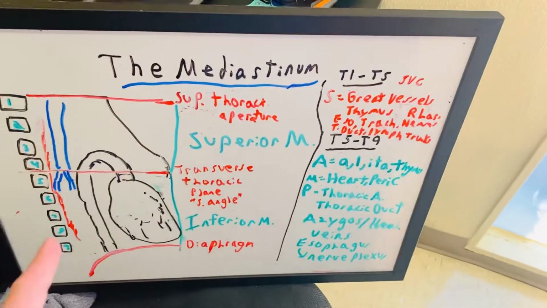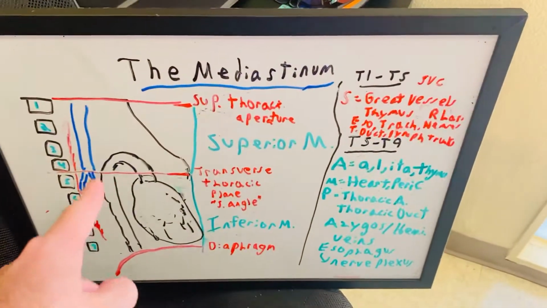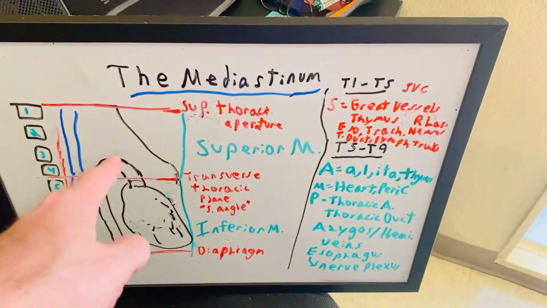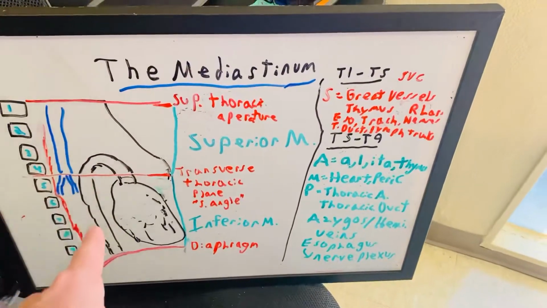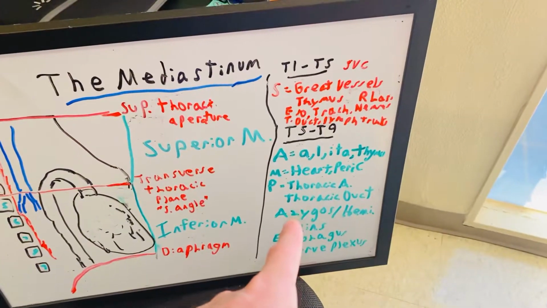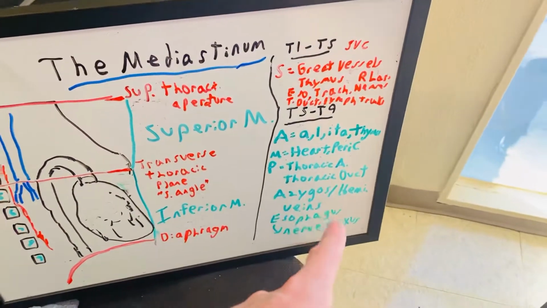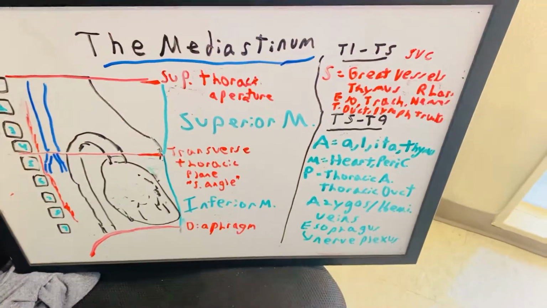Then our posterior mediastinum is going to have our thoracic aorta. We can see this thoracic aorta, and that's also in the superior, well, aortic arch really, but descending thoracic aorta. In the posterior mediastinum, we have the thoracic duct, azygos and hemiazygos veins, esophagus again, and esophageal nerve plexus.